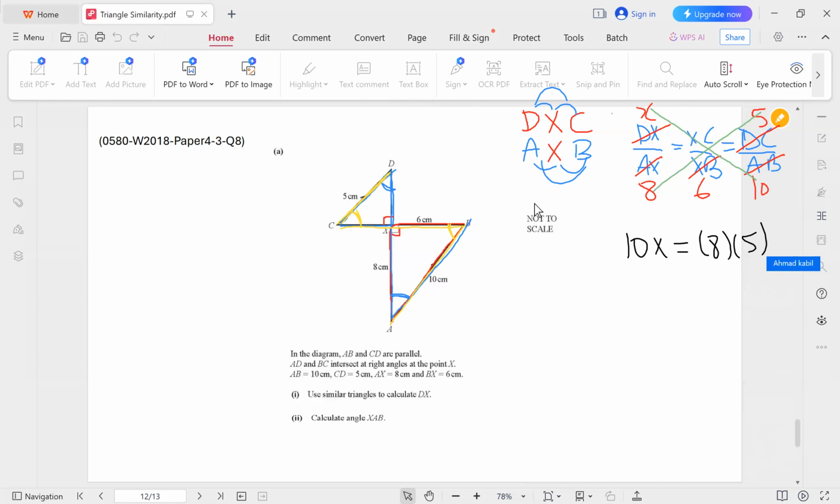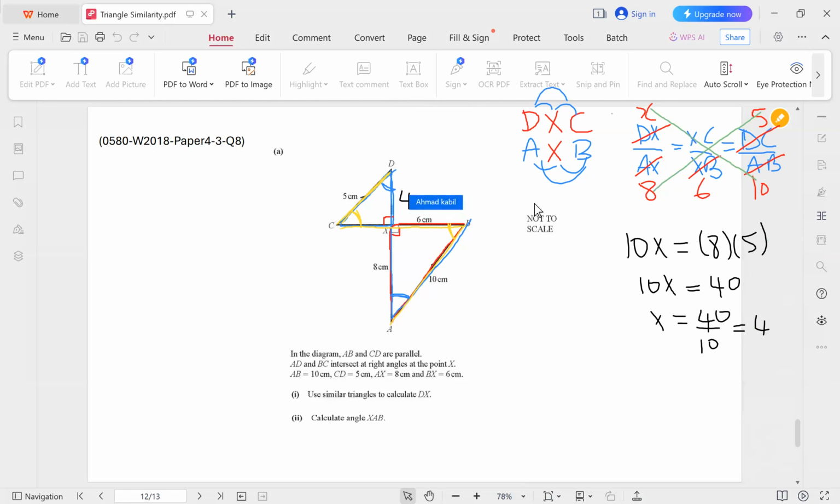So 10X equals 40. Therefore, X must be equal to 4. How did I get 4? Of course, I did 40 over 10, and then I got 4. So X is actually DX, which tells us that the side DX is equal to 4 centimeters.